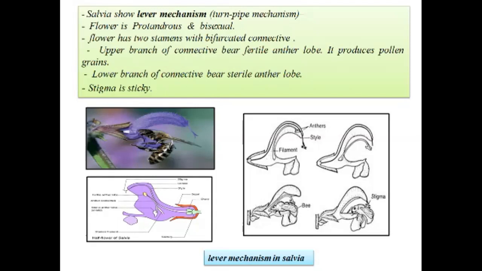Then the same insect visits another flower and pollinates it because the stigma of this flower is sticky. So this lever mechanism occurs in Salvia. It is also known as the turnpike mechanism.